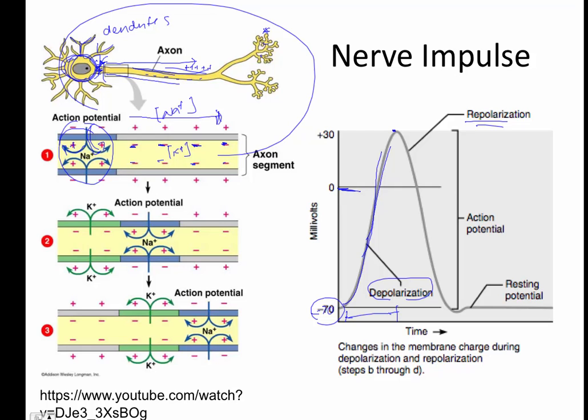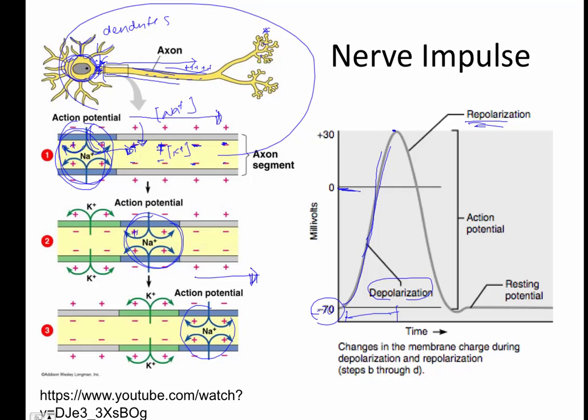This sodium influx is not going to stay in one spot. It's actually going to start going towards our axon terminal. And so this area now is going to become more positive, which you can see over here. By this positive charge, it's also going to initiate and cause more sodium ions to come in, and this area here is going to become more positive. And over time, it's going to keep on sweeping across towards our axon terminal.